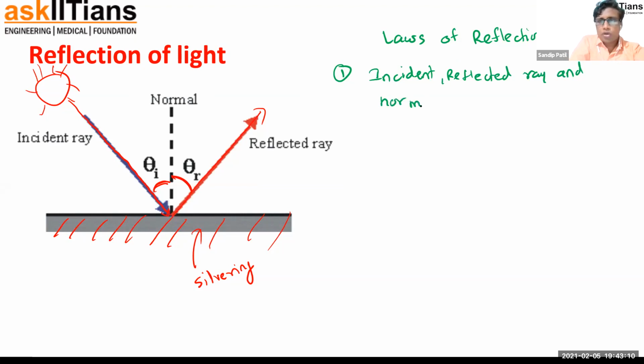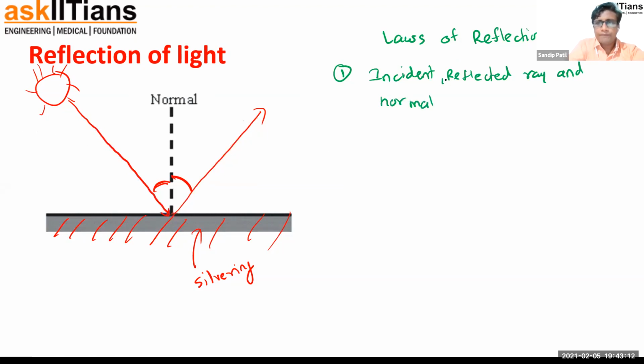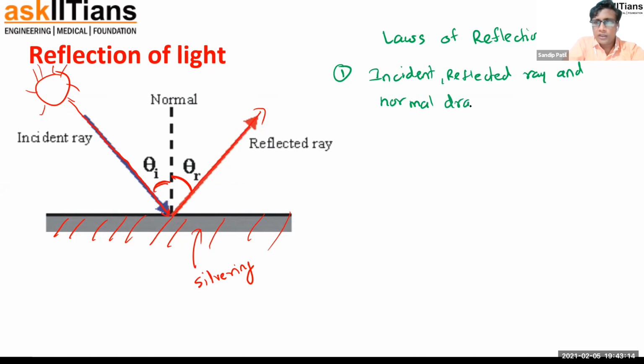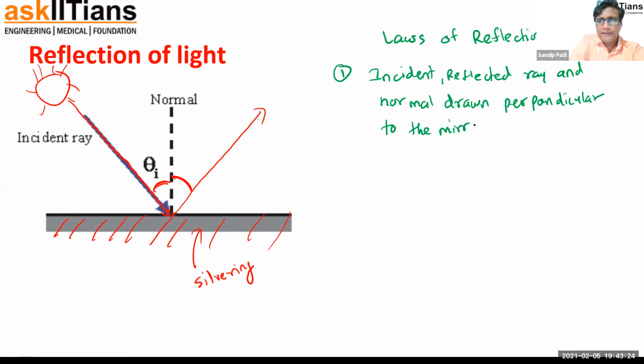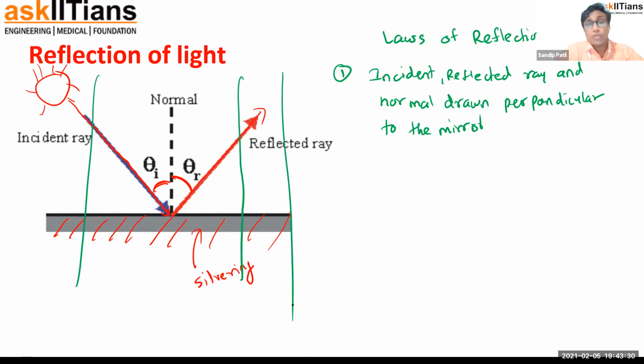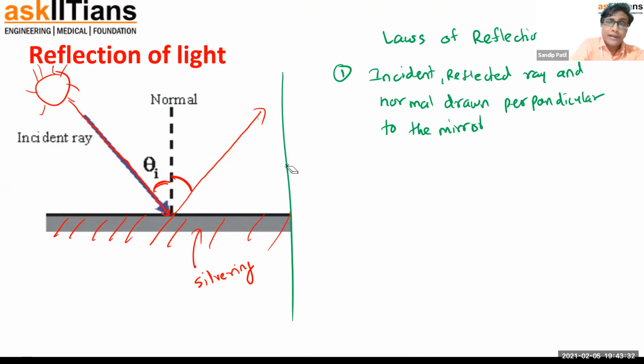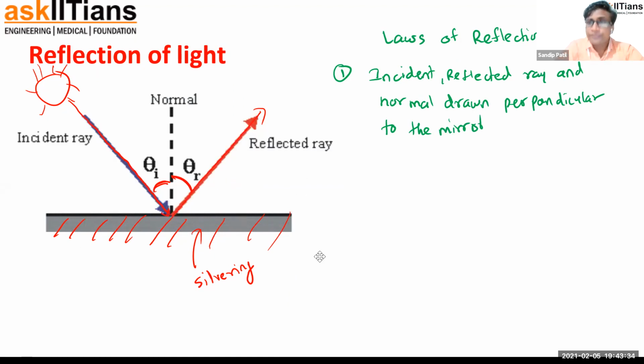Now where is the normal? Normal is drawn perpendicular to the mirror. When we say perpendicular to the mirror, I can draw the normal anywhere here. It could be this normal, this normal, or this normal. So which normal are we talking about? We have to explain that too, right?